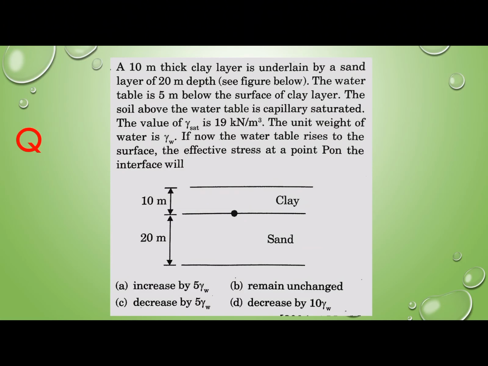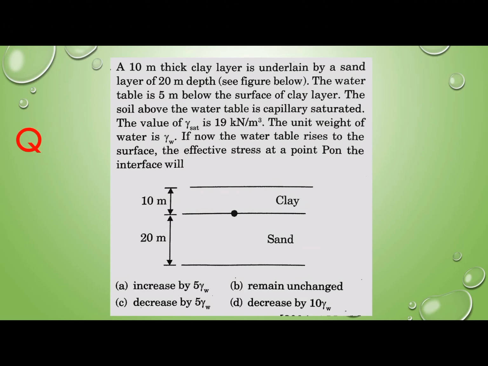The unit weight of water is gamma W. If now the water table rises to the surface, the effective stress at a point P on the interface will be what?